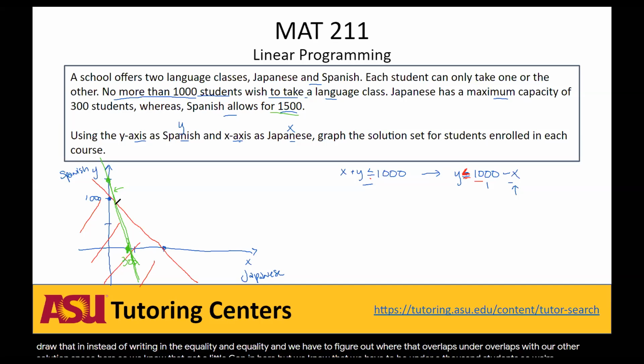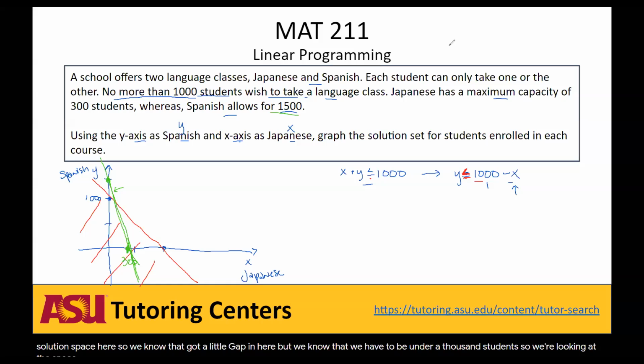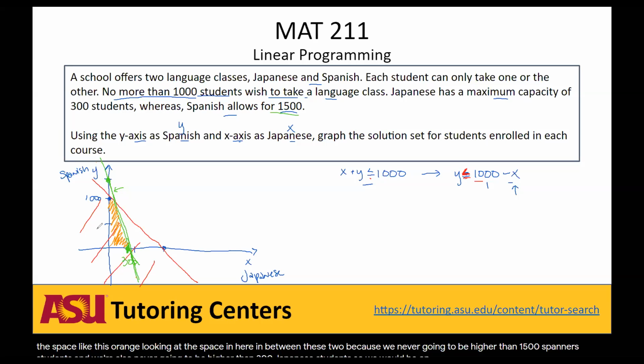So we're looking at the space, make this orange, looking at the space in here, in between these two. Because we're never going to be higher than 1,500 Spanish students, and we're also never going to be higher than 300 Japanese students. So we would be on this side of our green equation here.